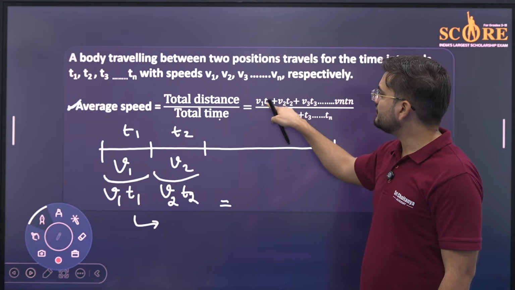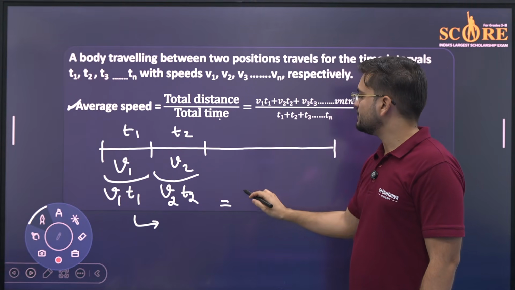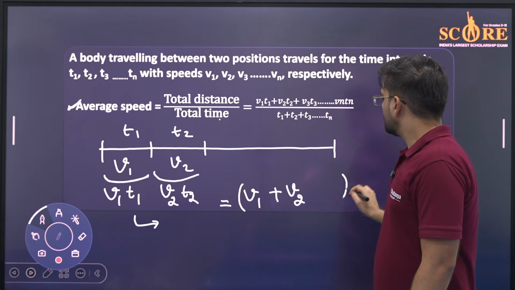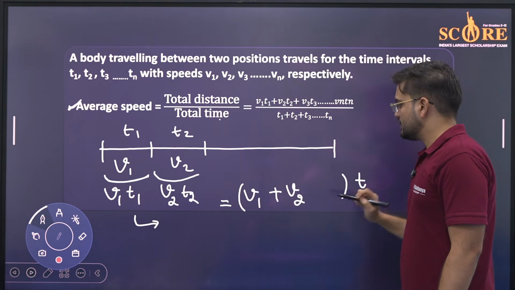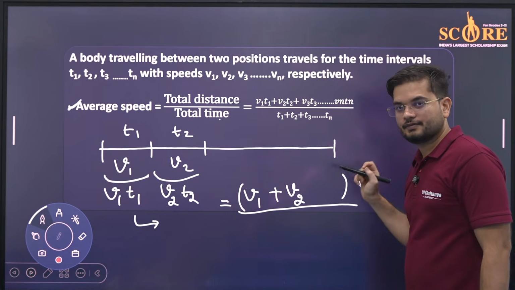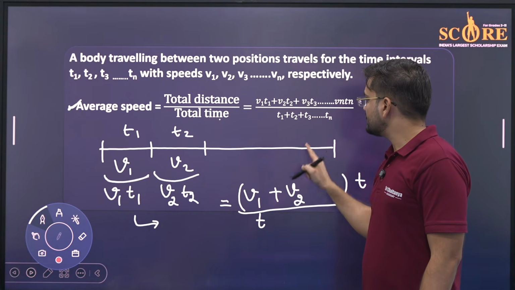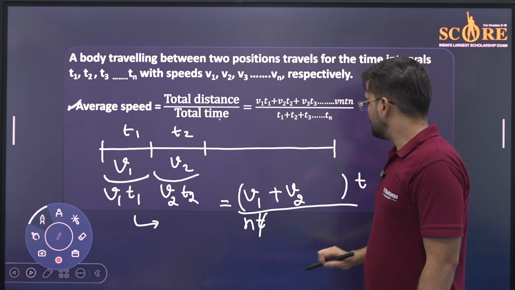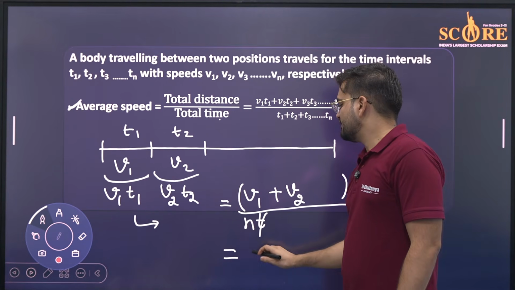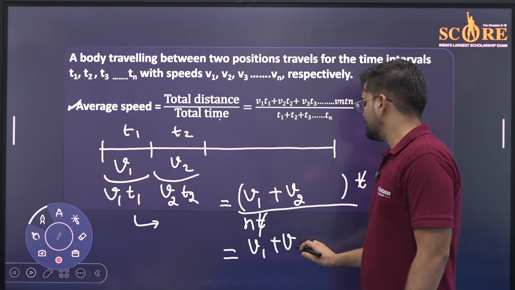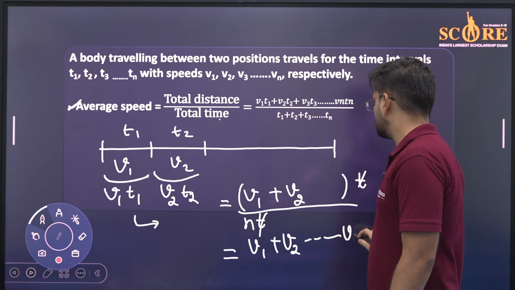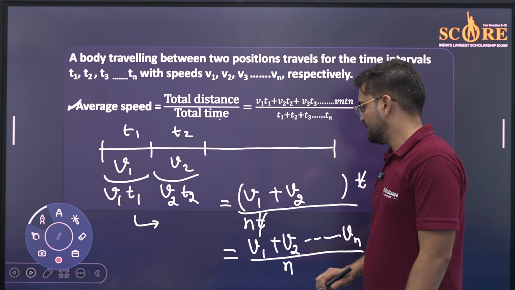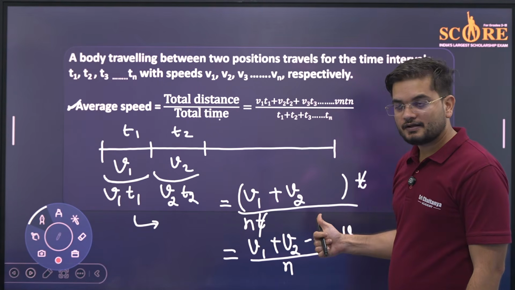Average speed will be v1t plus v2t plus v3t and so on. t is taken common outside, and in the denominator t plus t plus t plus t, n times t. The t cancels, then average speed will be v1 plus v2 plus v3 plus vn divided by n. Clear?